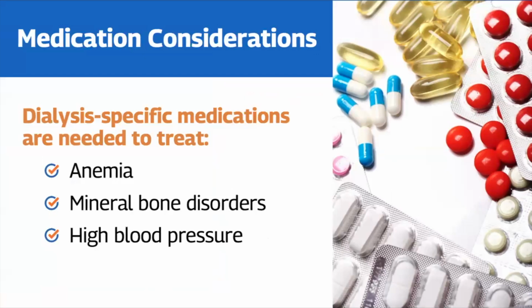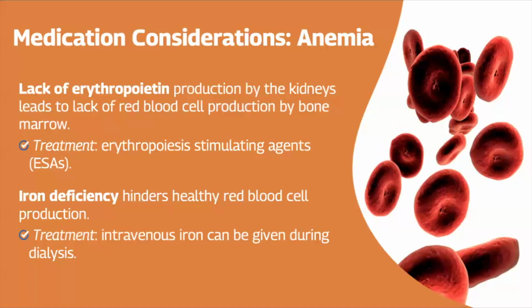So medication considerations: dialysis-specific medications are needed to treat anemia, mineral bone disorders, and high blood pressure. So let's talk about anemia. The normal functioning kidney has a part to play in producing red blood cells.